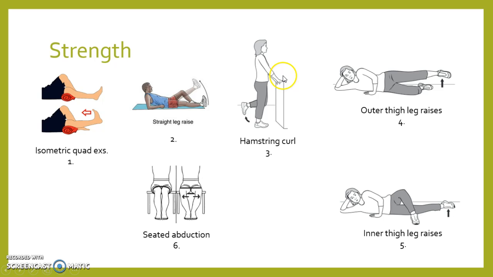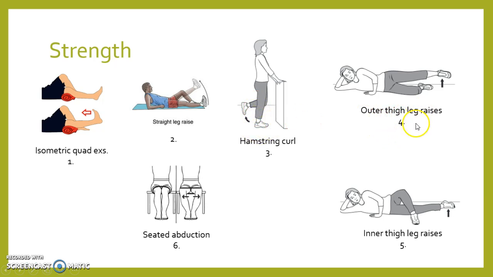Hamstring curls are going to be done upright, and you can grab onto something to support yourself. You bend at the knee, starting from the ground. The foot comes up from this bend here. That would be 1, 2, 3, and as many reps as was prescribed, and then you can switch legs.